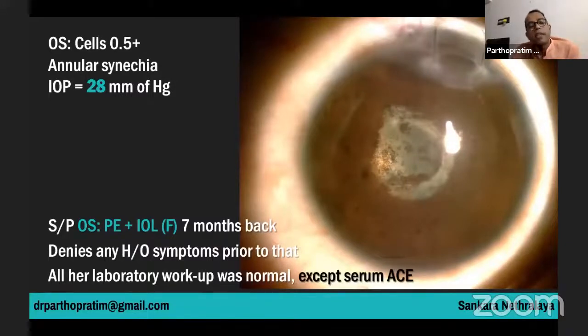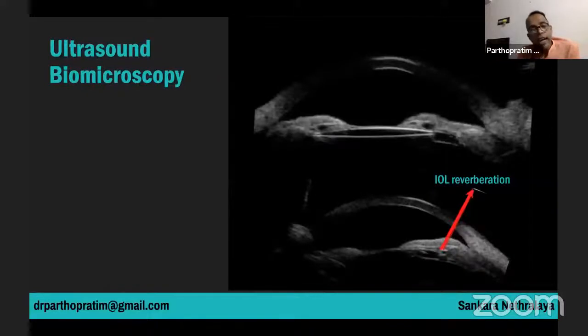As you can see, there are minimal cells, annular synechiae, and her IOP was 28 millimeters of mercury. She gave us the history of phacoemulsification with foldable IOL implantation 7 months back. She denied any symptoms of redness or irritation prior to that, and all her laboratory workup done elsewhere was normal, including a normal serum angiotensin converting enzyme.